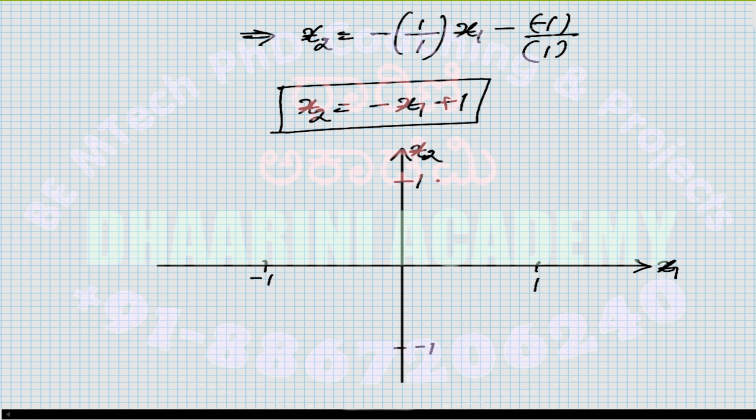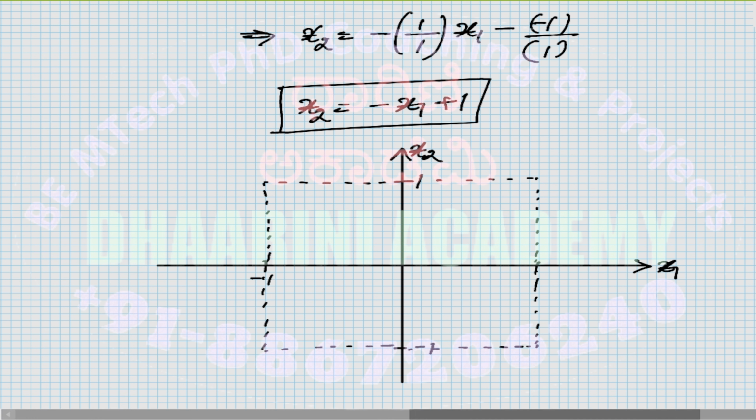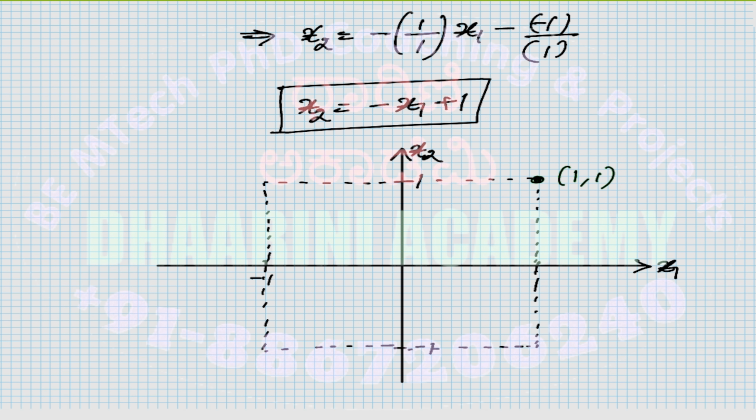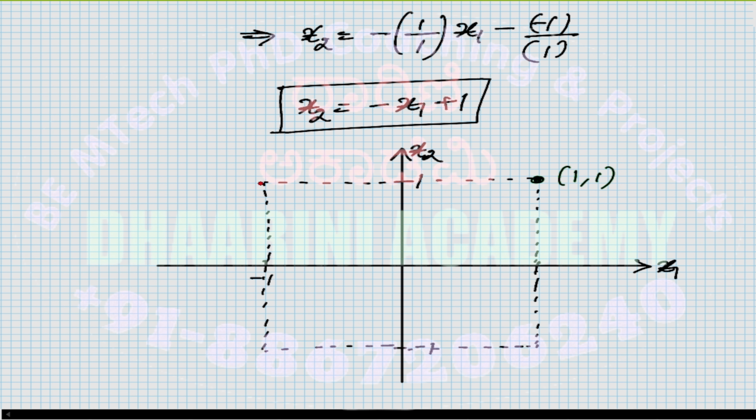So I know that these are the required points. First point is this one, and this has the values 1 comma 1, and the other 3 points are falling onto the other side, or the other class.